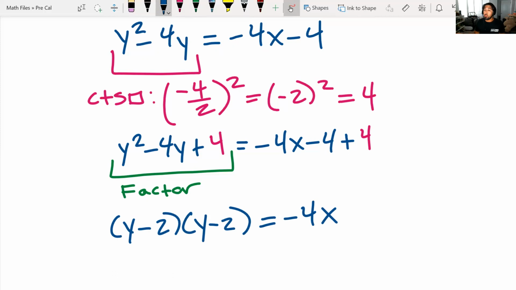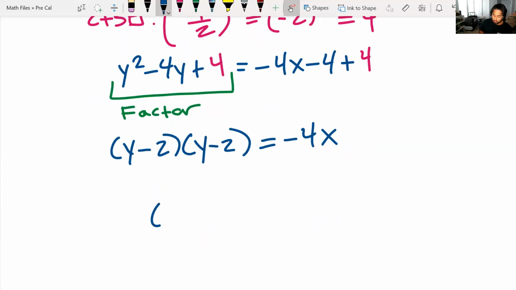Okay, and once again, there's that trick, like how did you know what numbers to put in your parentheses? Remember, if you're completing the square, it's the number that you squared. So I squared negative 2, that number went in there, and that number went in there. Much fun, right? Totes fun. And then you'll get y minus 2 squared equal to negative 4x.